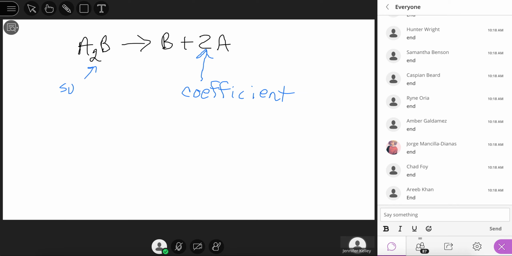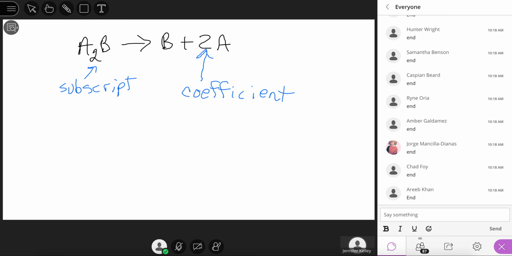This is a subscript. The subscript tells me how many atoms of A I have in that compound. The coefficient tells me how many moles of the compound, or in this case, how many moles of A.